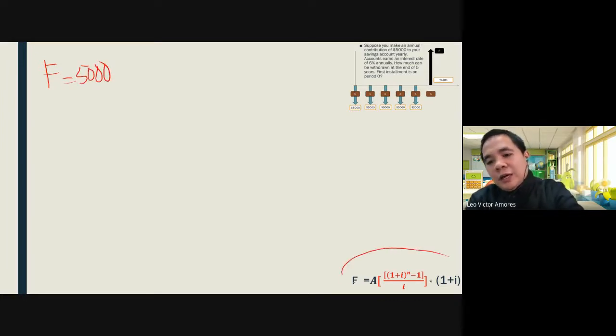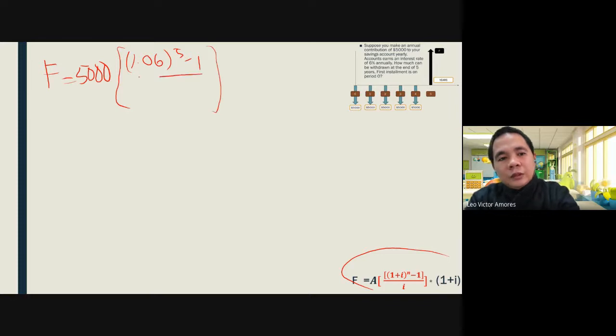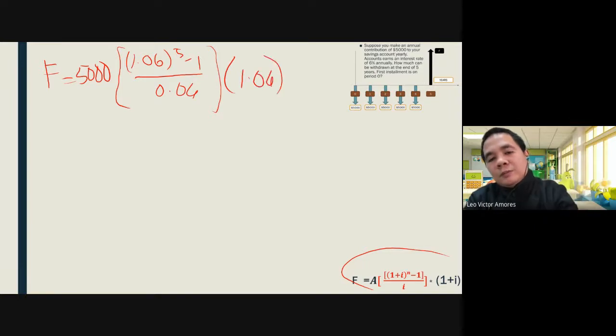Look at this formula. That is 1.06 to the exponent of 5 minus 1 divided by 0.06 multiplied by 1.06 to the exponent 1.